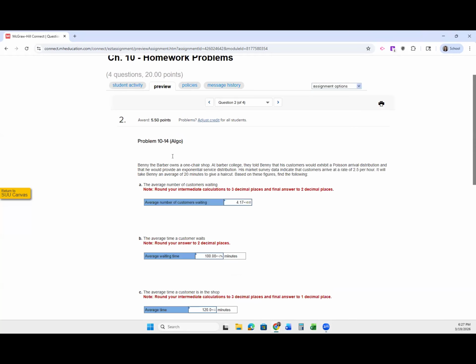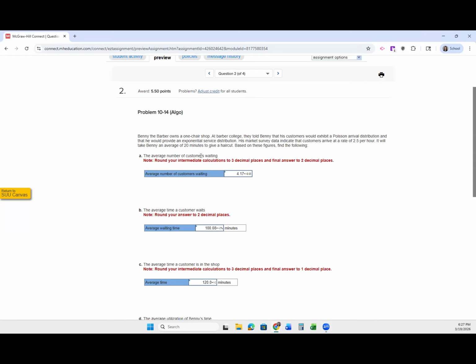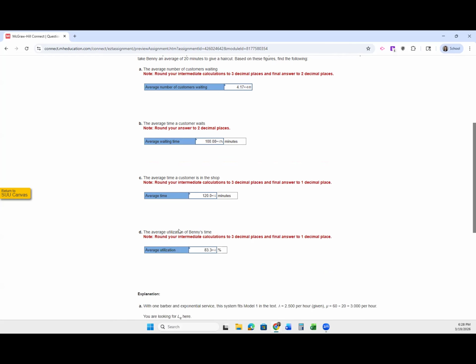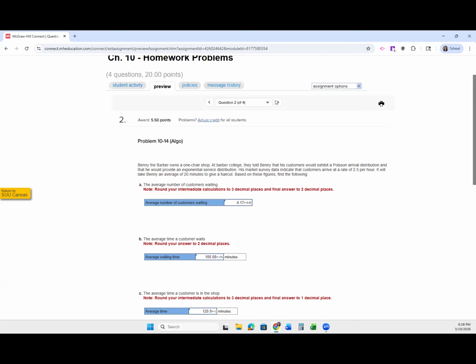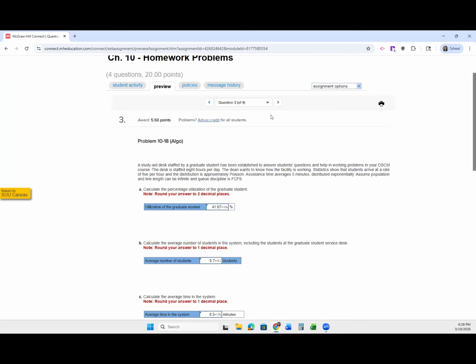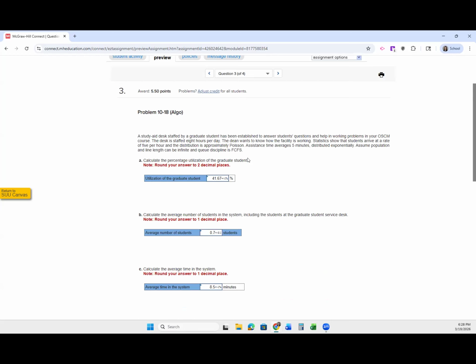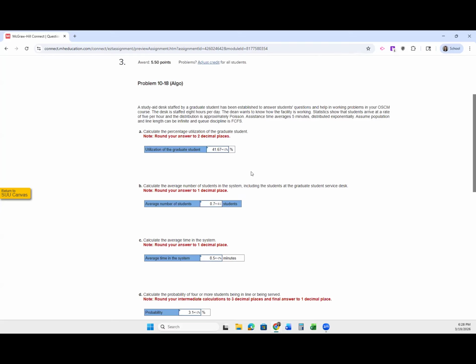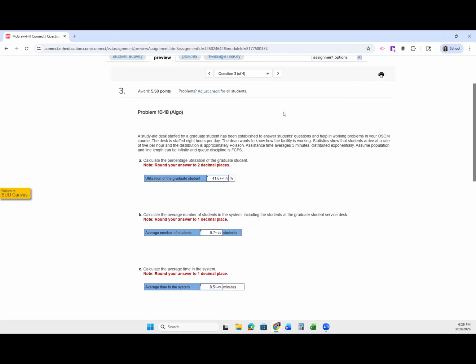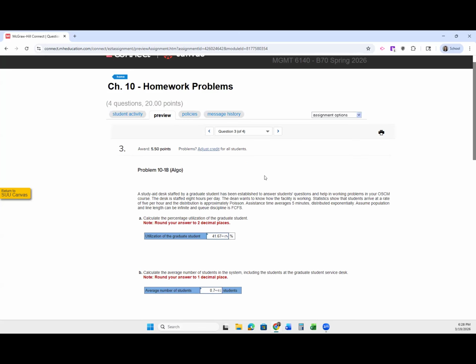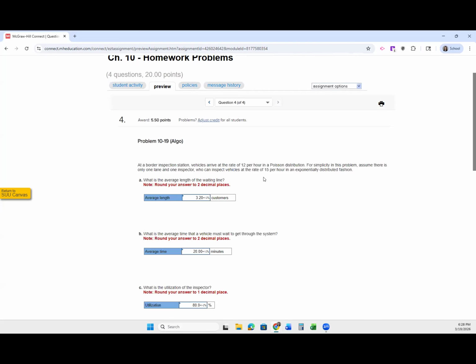It's still asking for the average number of customers waiting, or the time waiting, or the probabilities or the utilization. So they are similar to each other, and all 4 questions relate to this model 1. So if you figure out all the formulas and the notations, you will be fine with all the chapter 10 problems. All 4 questions are really similar to the examples I just gave you. Okay.